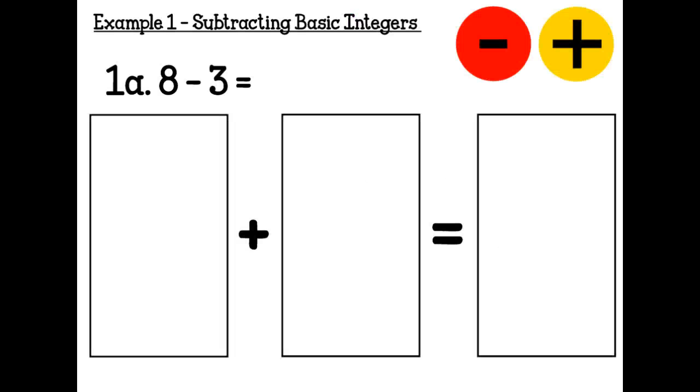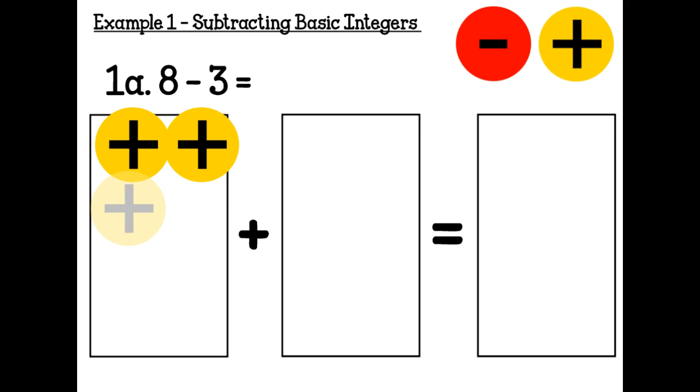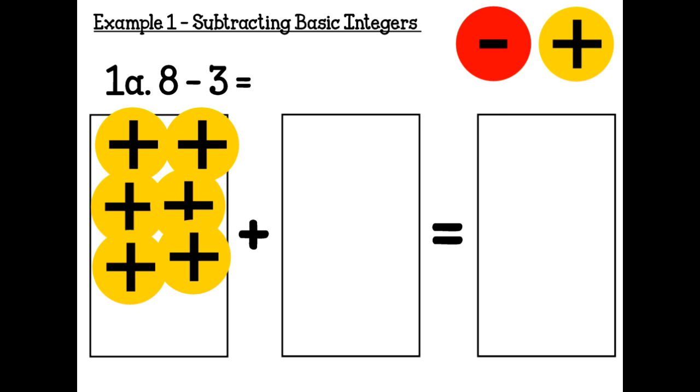Example 1, subtracting basic integers. So the first thing we do, we just learned how to do it, is we add the opposite. So we're going to pull out our number cubes. So we have positive 8 plus a negative 3.